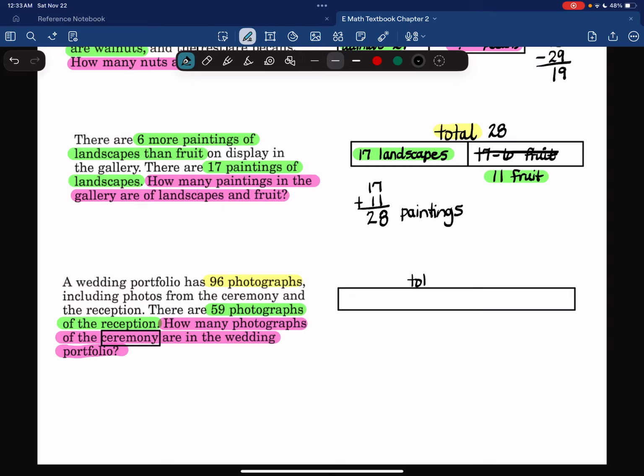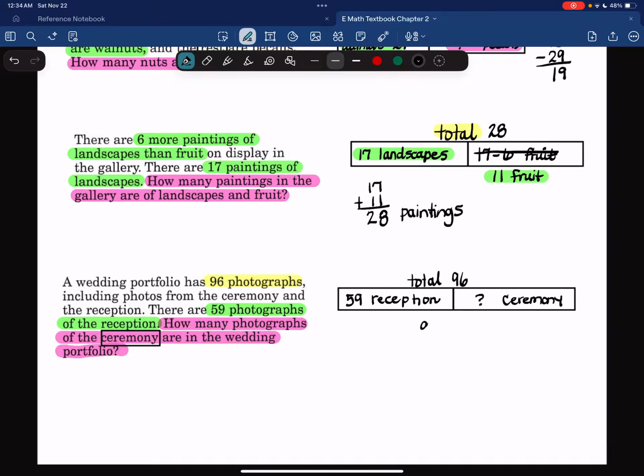Let's put our total up here. Total is 96 photos. We know that 59 are reception. And the rest would be ceremony. And this is the unknown for the moment.